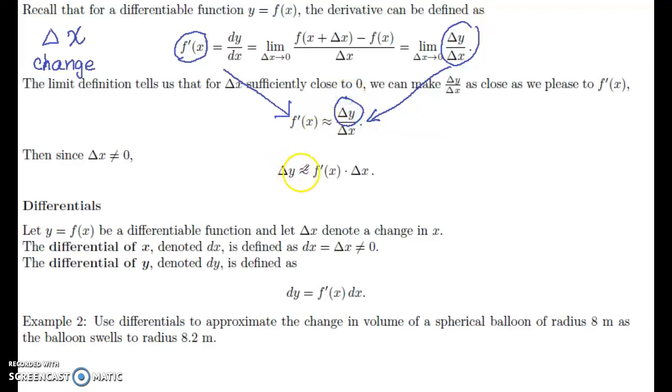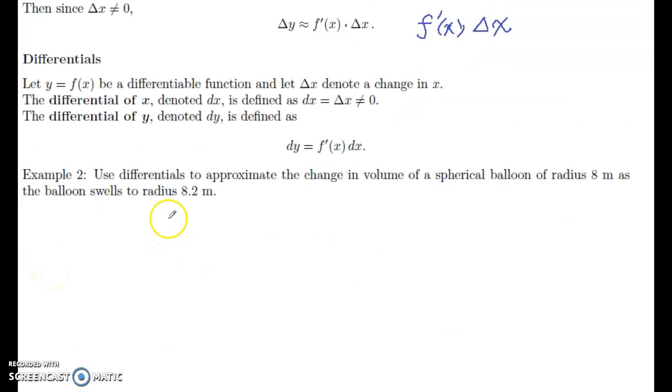So the change in y is approximately f prime of x times delta x. Sometimes you see f prime of x, delta x, and what it means is a multiplication. Based on this, we can derive the formula for the differential.